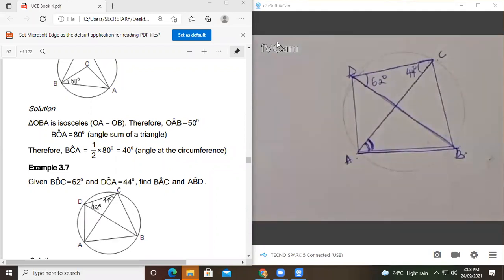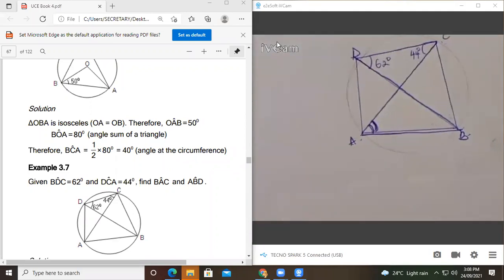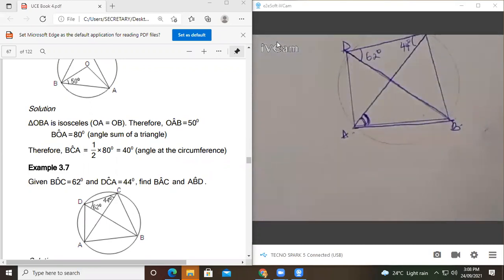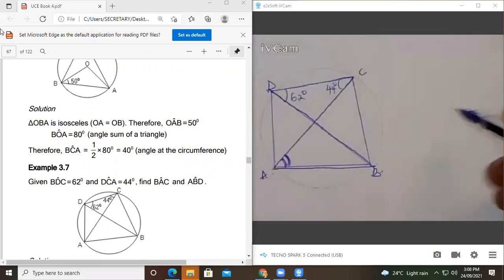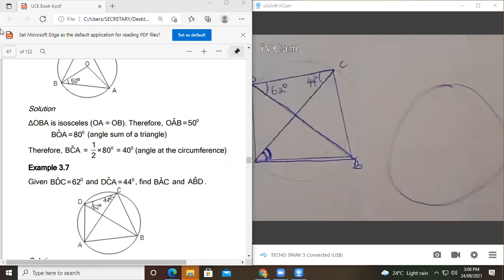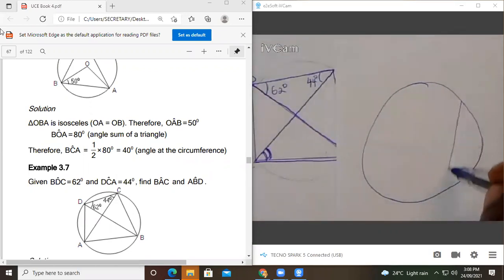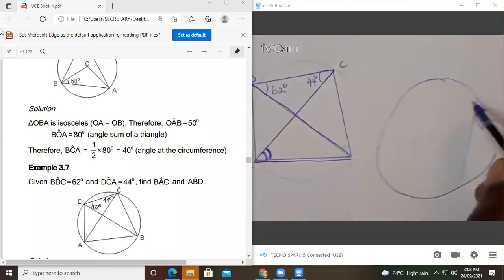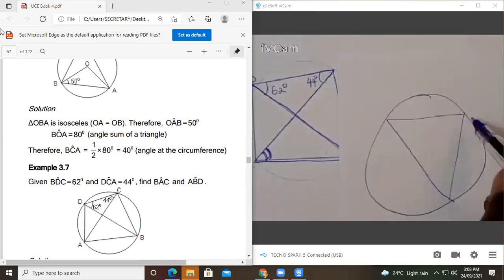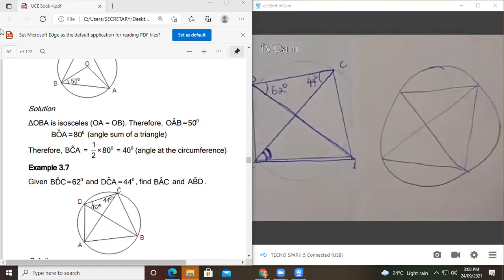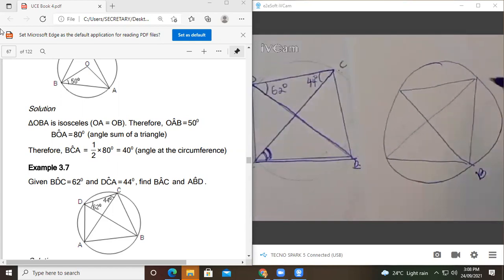So if I draw it somewhere here to show you what I'm talking about, if I have a circle there, and a chord BC, this chord BC creates two segments. This segment and this other segment.